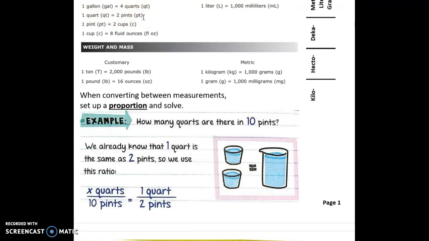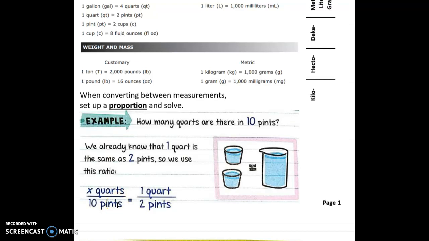So we want to know how many quarts are in 10 pints. If we have 1 quart on top and 2 pints on bottom, then we need to set up our unknown quarts on top and our 10 pints on bottom because that is our given.